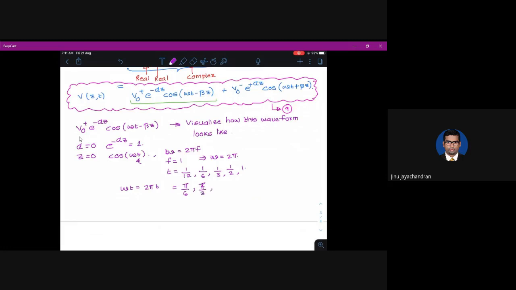When it has value 1 by 3, the term has value 2 pi by 3. Let's take one more value, 1 by 4 also, because it will be easy to get 90 degree. So I have one more value, 1 by 4.